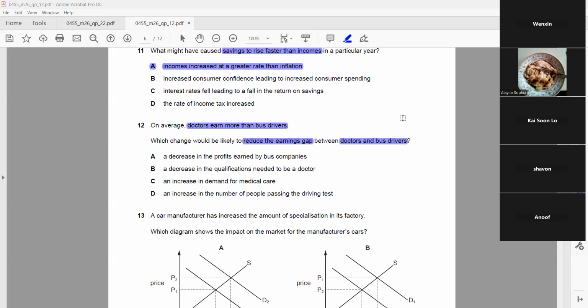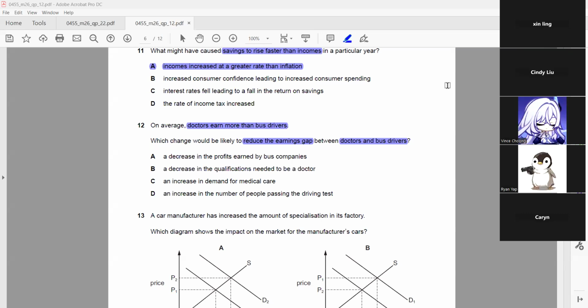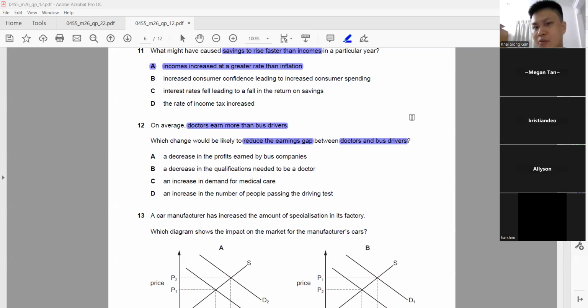Kai-sun, you made a mistake. It cannot be D. An increase in the number of people passing a driving test means there could be more bus drivers, and that will decrease the bus driver wages even further. So it cannot be D. B, very good, Karen. Very good, Cindy. A decrease in the qualification needed to be a doctor.